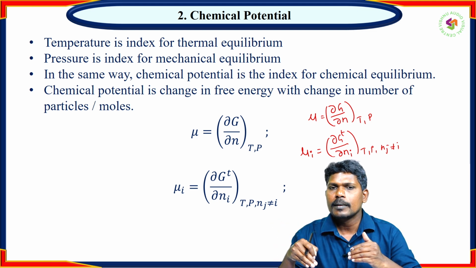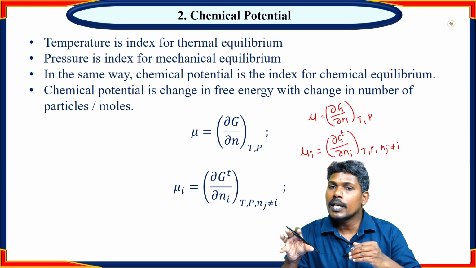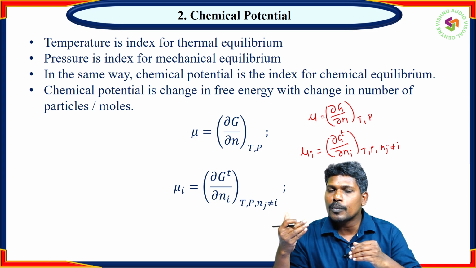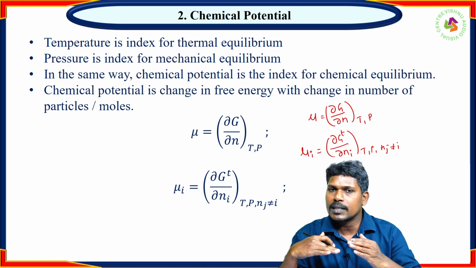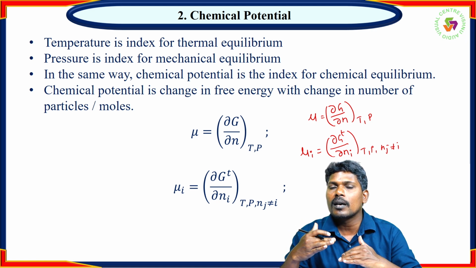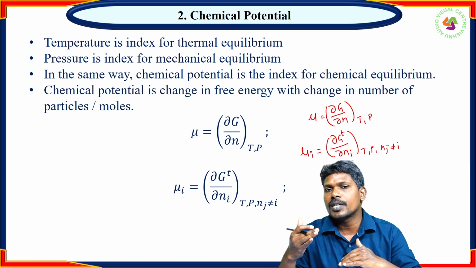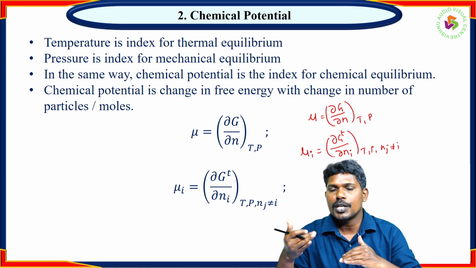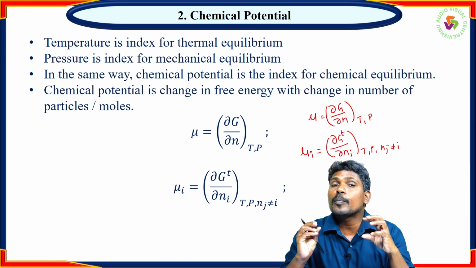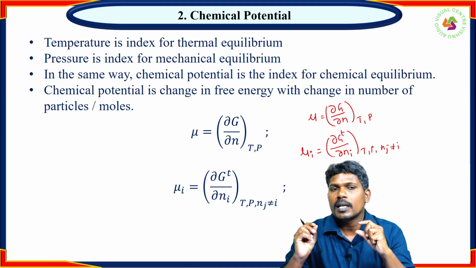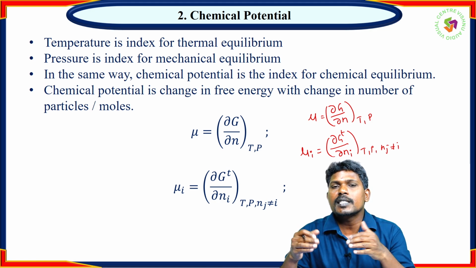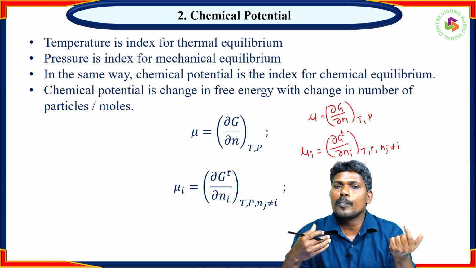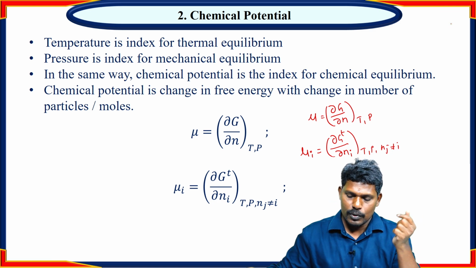When it is added, there is a change in free energy. That change in free energy with respect to the change of moles of that particular compound is called the chemical potential of that particular compound. If it is more, then that particular compound's chemical potential is more. Okay.